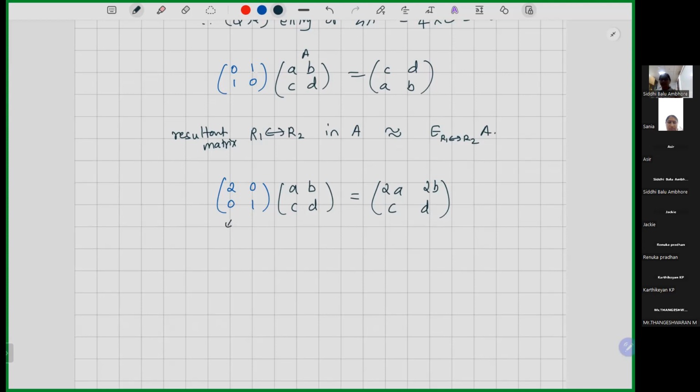Similarly, multiplying by this is equivalent to multiplying the first row of A by 2. Is it clear now how things are changing?